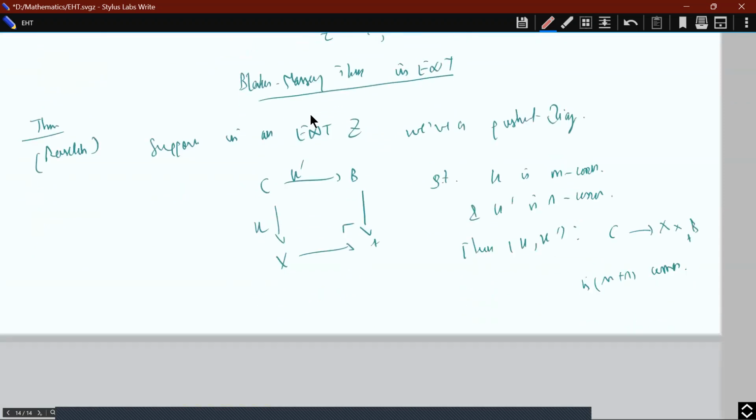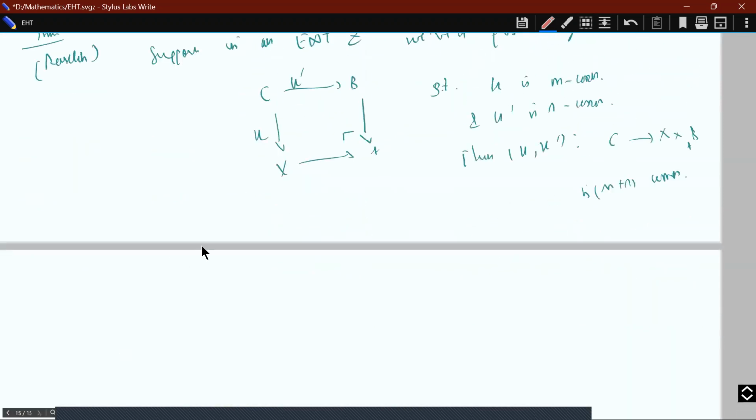Right, so yeah, as I said in the beginning, there are a lot of things that we don't know. One of them that comes to my mind is that we don't know if we have a notion of an Eilenberg-MacLane object in an elementary infinity topos, and then further things in that direction.